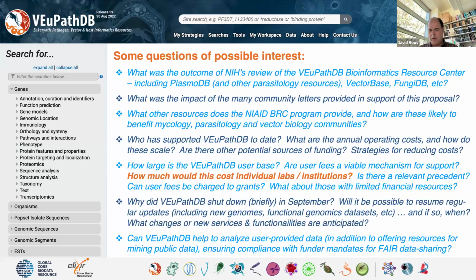So the Bioinformatics Resource Center program has, over the past 20 years, involved sequential narrowing of support to fewer and fewer groups supporting more and more organisms. In the initial round 20 years ago, there were more than 10 bioinformatics resource centers.